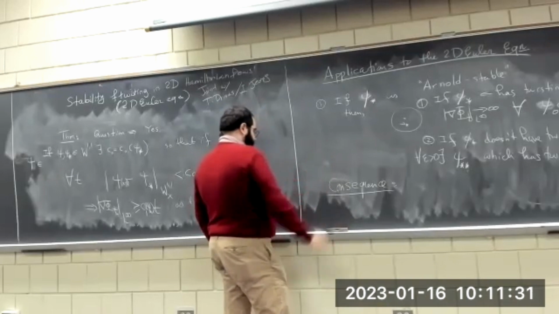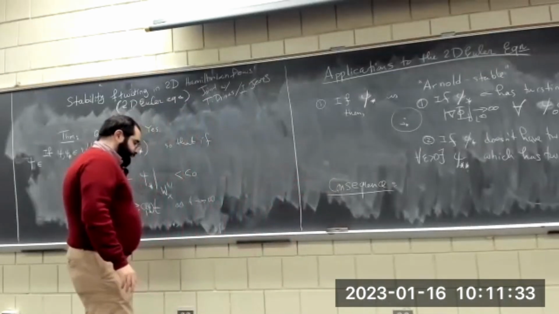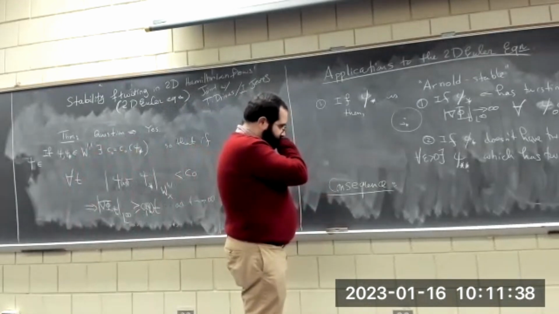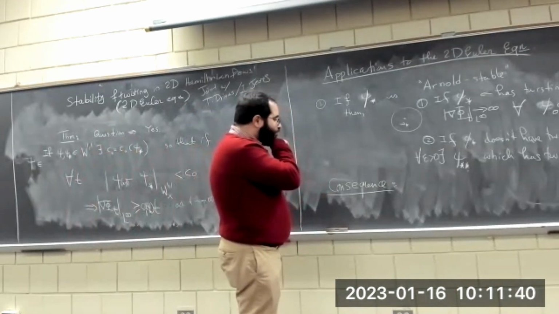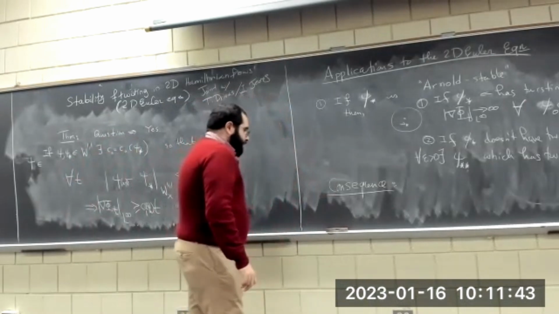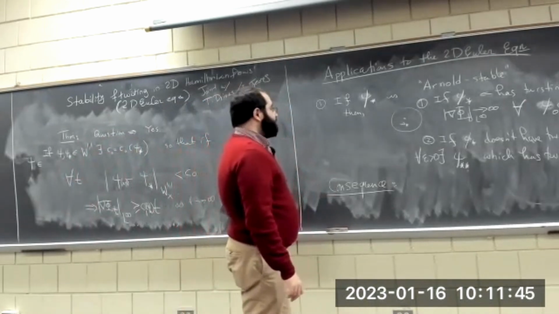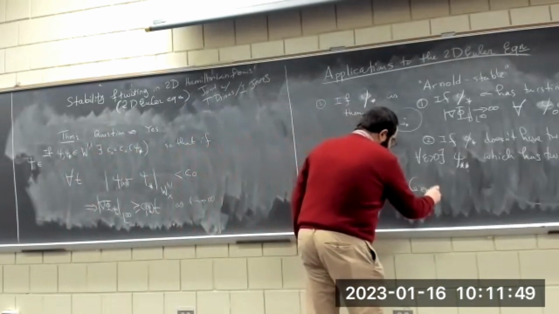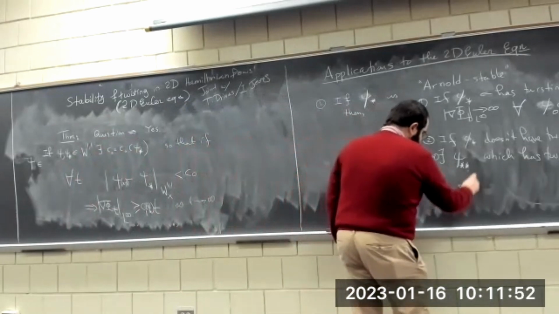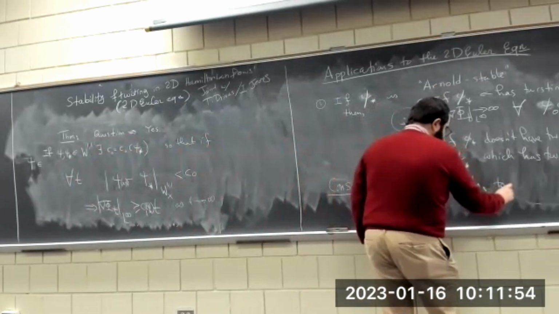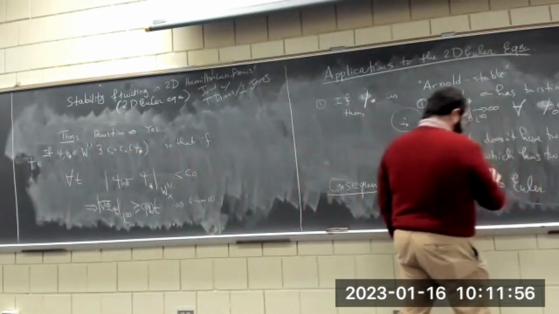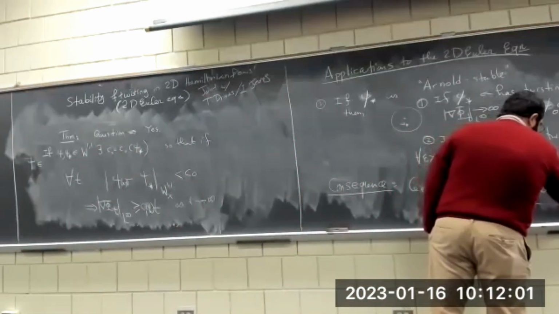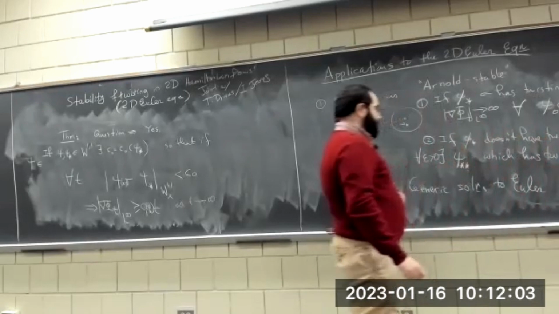The consequence is that generic solutions to the Euler equation, so now this is in the Eulerian frame, near omega star. Generic is in the sense of Baire category.